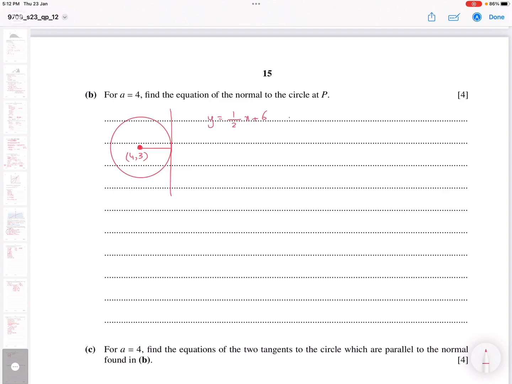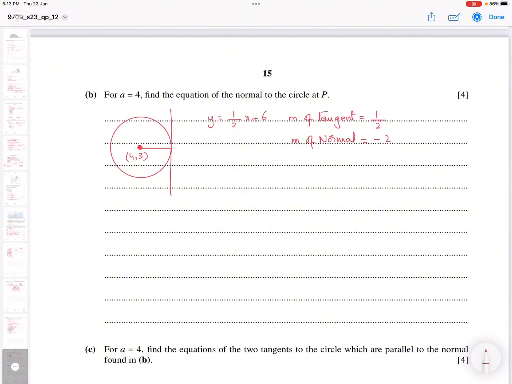So m, the gradient of the tangent, equals 1 by 2, the coefficient of x. So the gradient of the normal would be the opposite reciprocal of this. Opposite of plus is negative and reciprocal of 1 over 2 is 2. So minus 2 is the gradient of the normal.